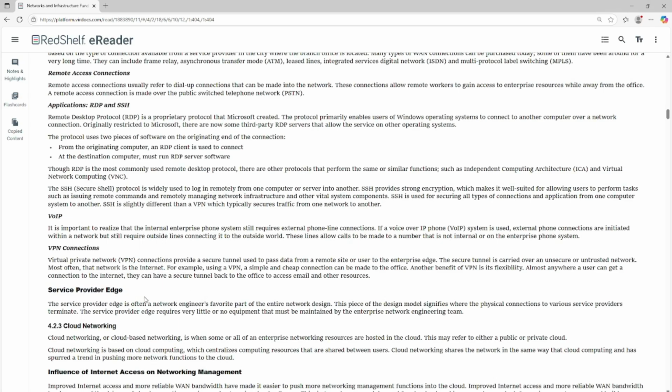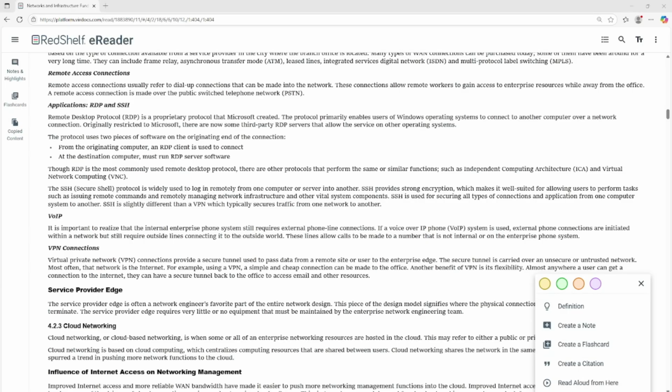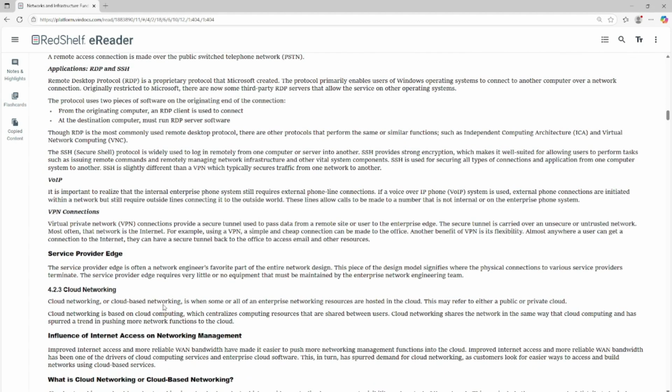It connects the internal network by interfaces with external service providers, various service providers, cloud networking, because it does include modules like the wide area network and internet service provider connections to be able to do that.